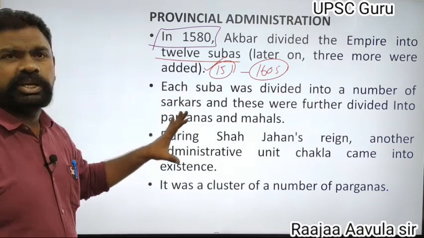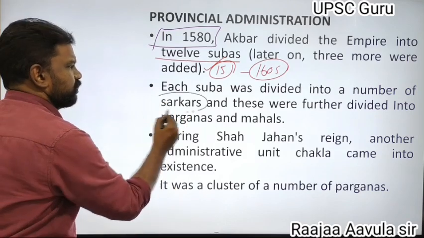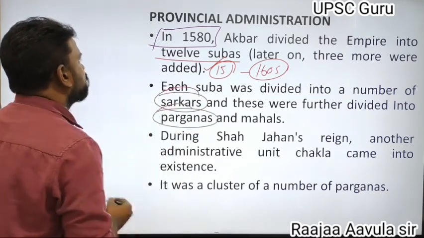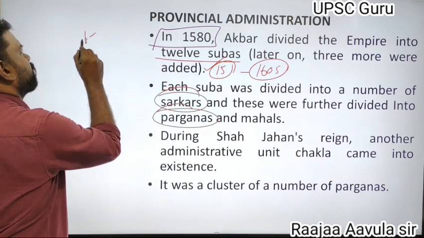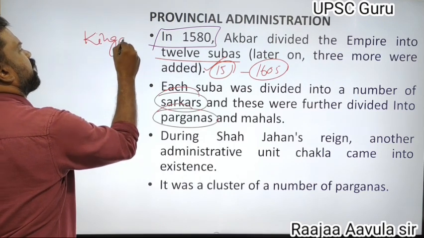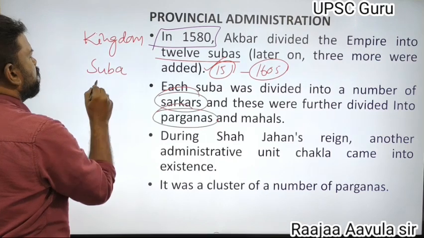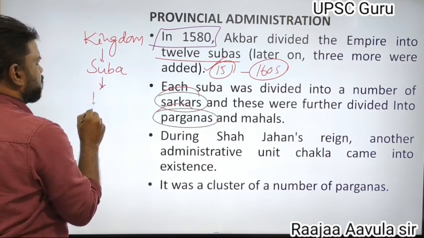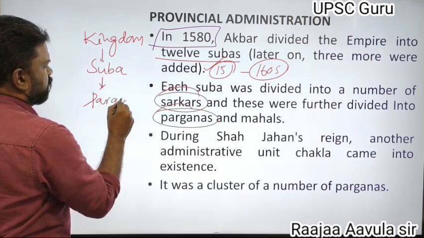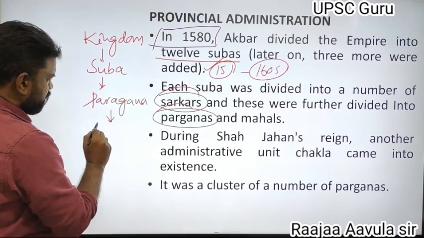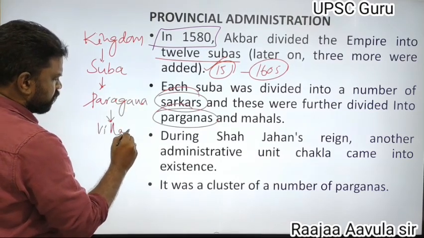Each suba was divided into a number of sarkars, and these were further divided into paraganas. Again, the last administrative unit was the village.